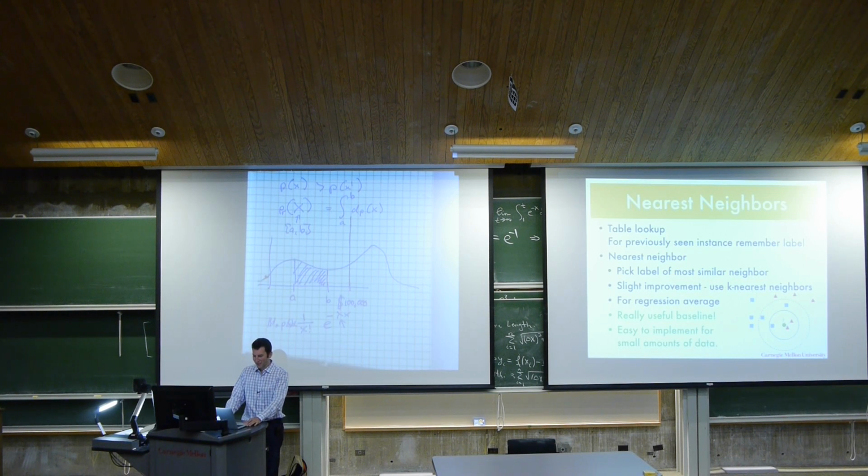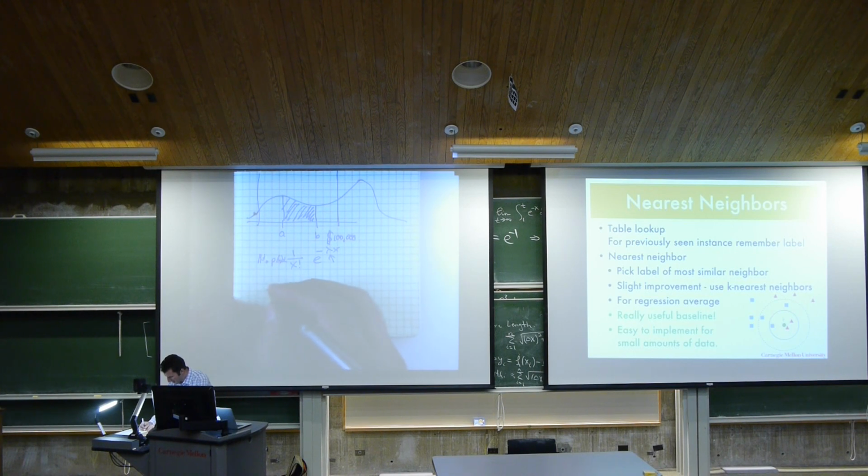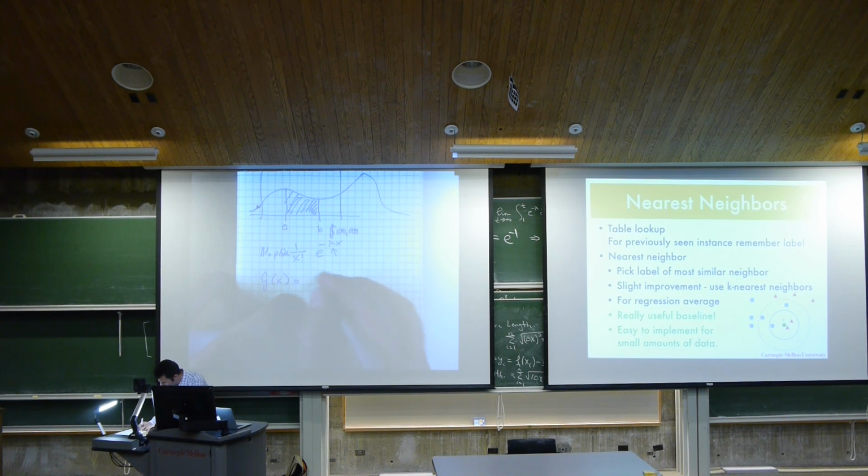So if you think about what we did last time with the Watson-Nadaraya estimator, right? We basically got the following estimate. We had that y hat of x was given by the sum over all the i's, y_i, and then here I had k of x_i and x, divided by the sum over all the j's, k of x_j and x.